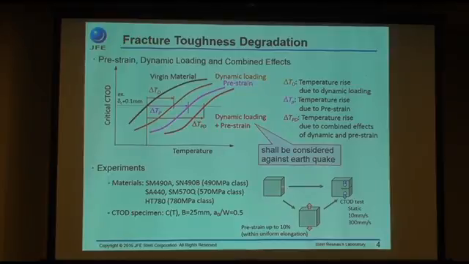Some groups were tested directly with CTOD tests at 3 different loading rates. Another group was first given prestrain up to 10%, within the uniform elongation, no necking, and then exposed to the CTOD test at the different loading rates.